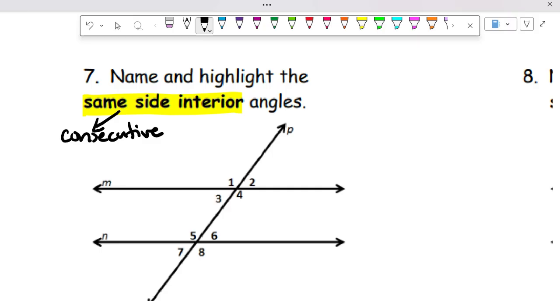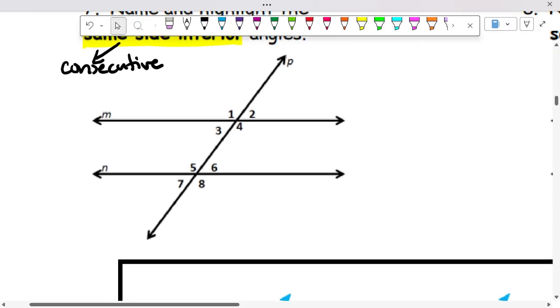Now, we're dealing with the interior angles again. So that is 3, 4, 5, and 6. If I'm talking about same side, what would you think that means? It's kind of in the name. Same side of what? The transversal. So we're talking about angles that are on the same side of the transversal.